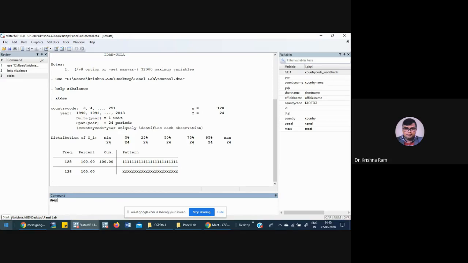So what I am going to do, I am going to drop unnecessary variables. Here you may say ID, duplicate country name. I'm going to keep, and GDP is here. So there is duplication of country name, so let's delete that one.